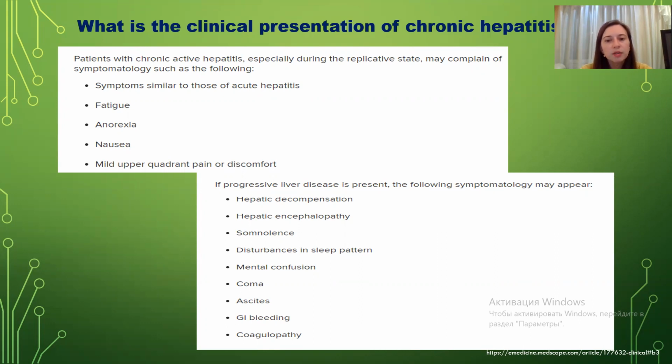If progressive liver disease is present, the following symptomatology appears. Hepatic decompensation, hepatic encephalopathy, somnolence, disturbances of sleep pattern, mental confusion, coma, ascites, gastrointestinal bleeding, and coagulopathy.